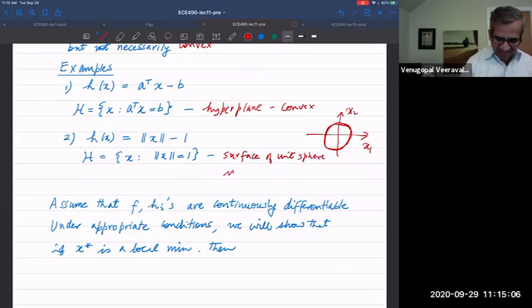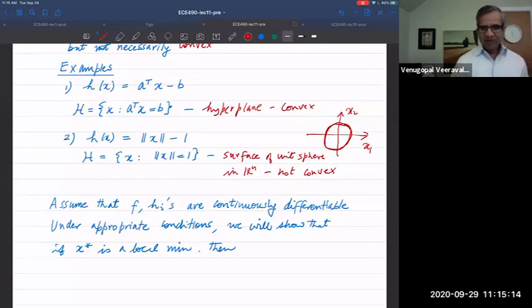And this is not convex. Is it obvious that it's not convex? So very easy to construct a counterexample to show that it's not convex. Say in this case, just take this point and this point, take a convex combination of half for both of these points, and you sit in here, which is not on the circle.